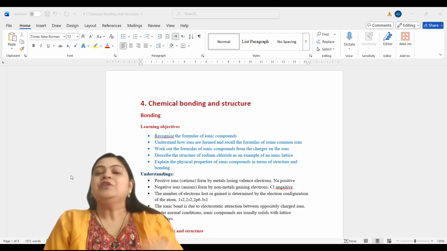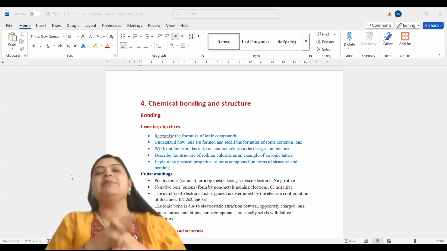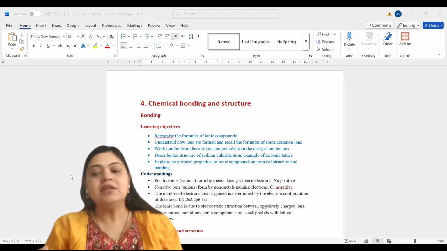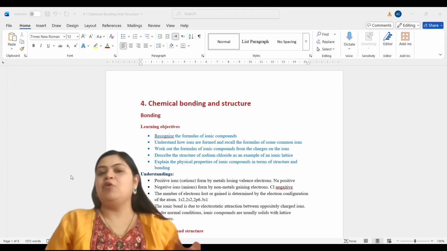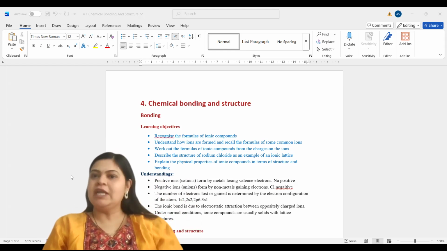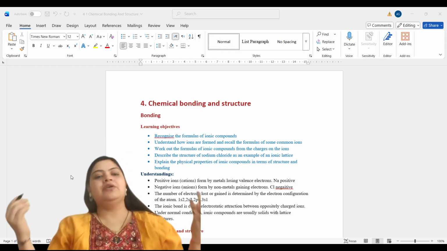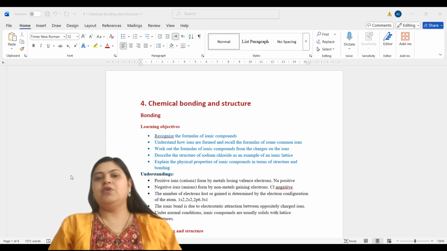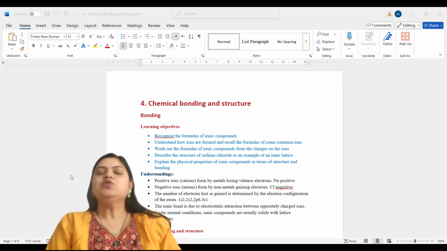So here we go. Today I have selected Unit 4, and the topic name is chemical bonding and its structure. So far, students, we have studied the different types of bonds: ionic, covalent, van der Waals bonds, London forces, and dispersion theory.